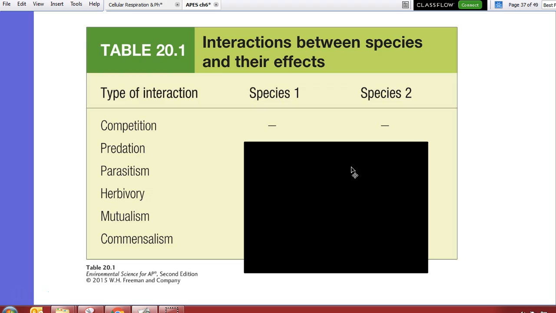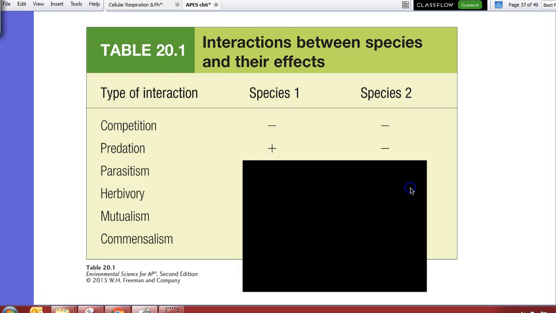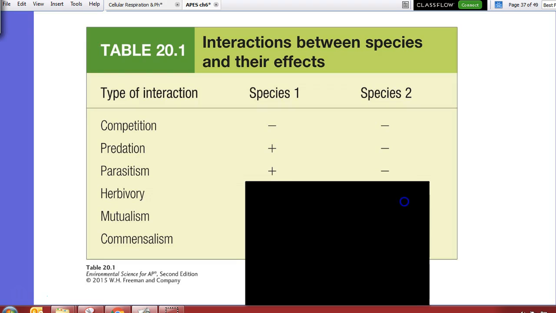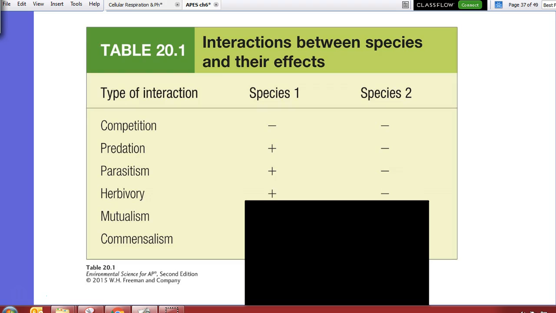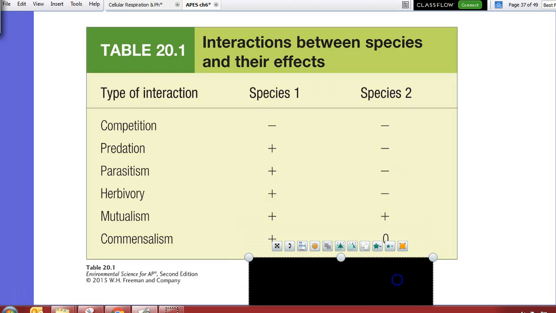So they might benefit. And commensalism, plus and zero.